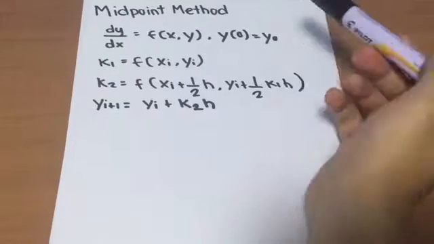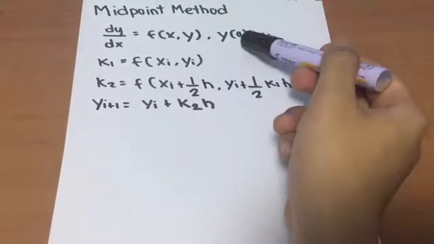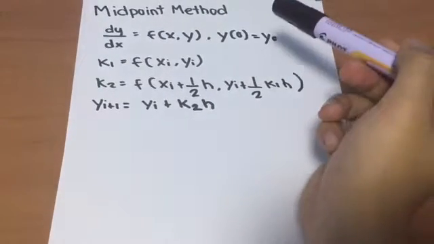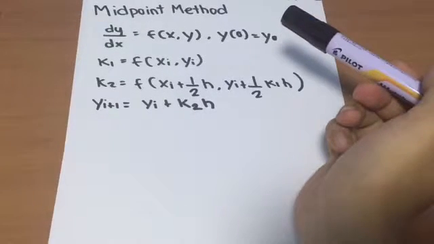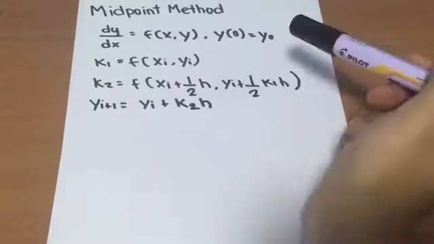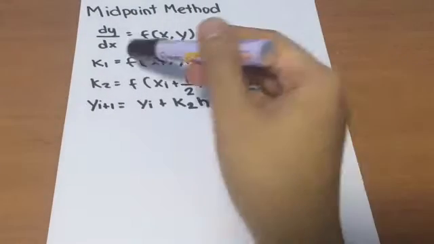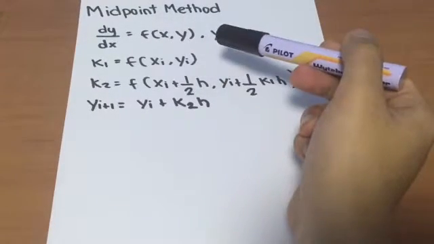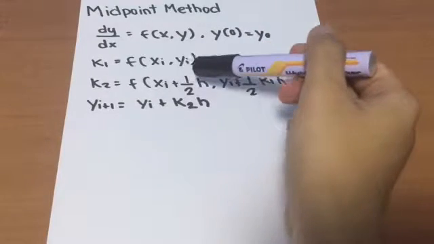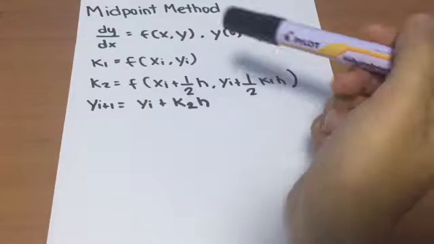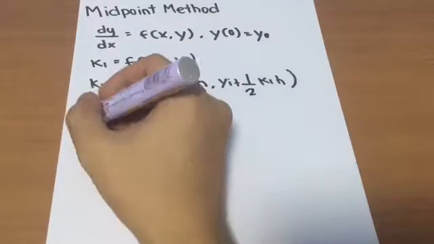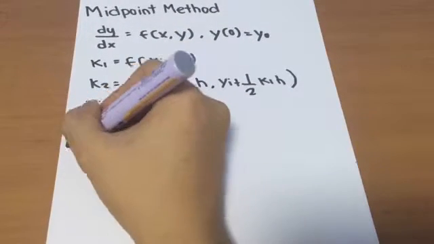So we go directly to our midpoint method, where we're also given dy over dx and the function of x and y. They are given the initial y and initial x, that would be y naught. So we have k1 here, which is the function of xi, yi, and we have k2 here, a function of xi plus 1/2 h and yi plus 1/2 k1h.